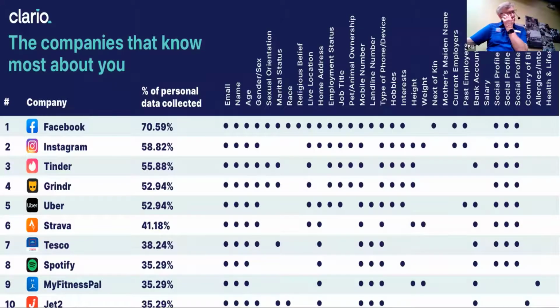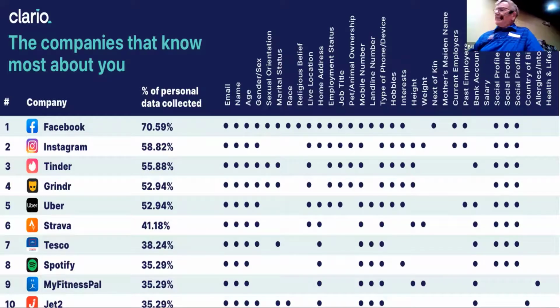Now, if we look at Facebook, Instagram, and the other social media, Tinder, Grindr, Uber, this is the kind of information they're collecting about you. And it starts out innocuous enough, your name, your email address, your age.